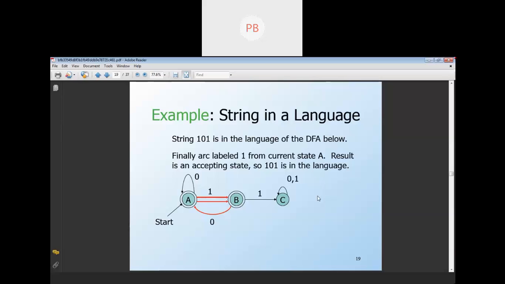Anyone try some other type of strings? 11001010. Okay.